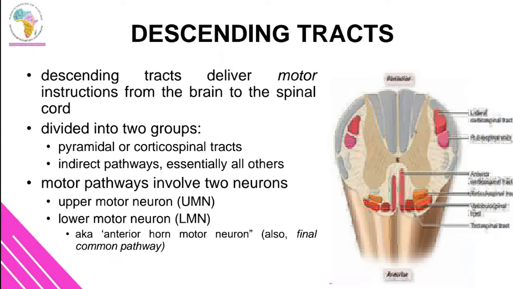And they're called corticospinal tracts because they send information from the cerebral cortex to the spinal cord, hence the name. These also have indirect pathways.